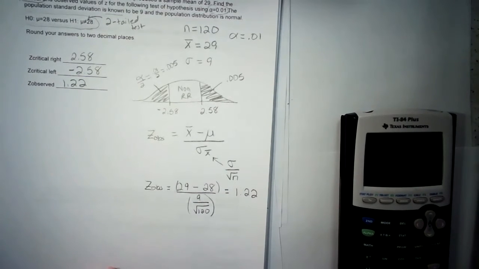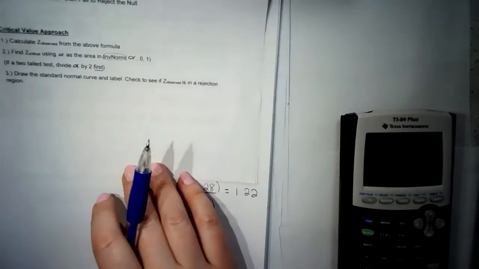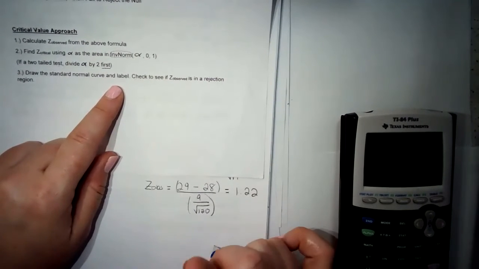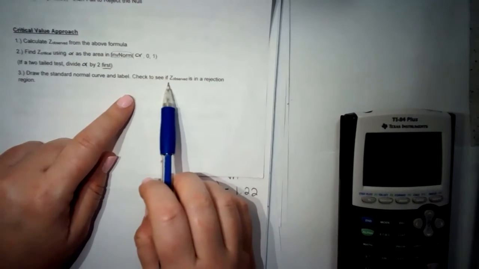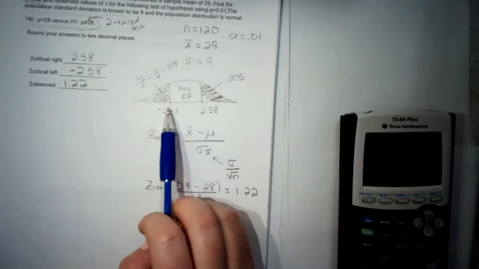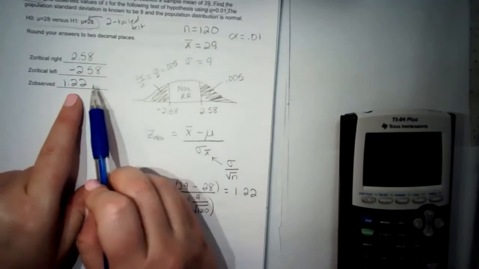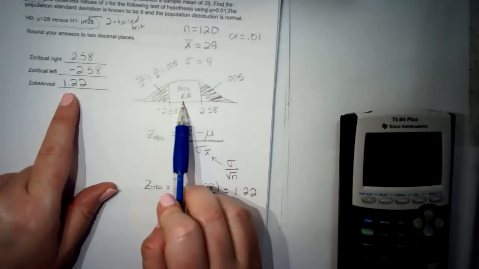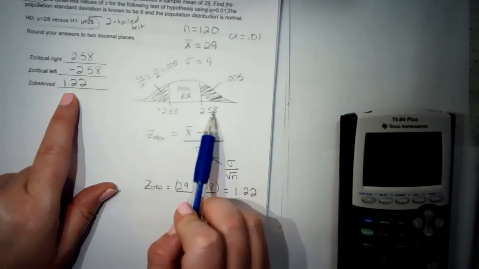Okay, that's all this problem wants, but we're going to go ahead and finish it. Look what number 3 says. Draw the standard normal curve and label it. We already did. Check to see if Z observed is in a rejection region. So here we go. We put our critical values in. Where does 1.22 fall? In the non-rejection region. Does everybody see that?